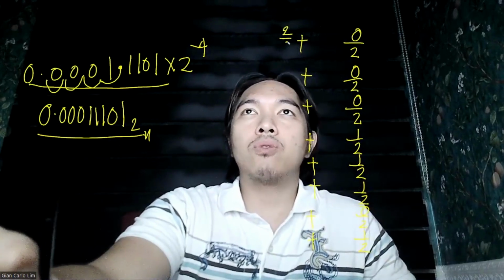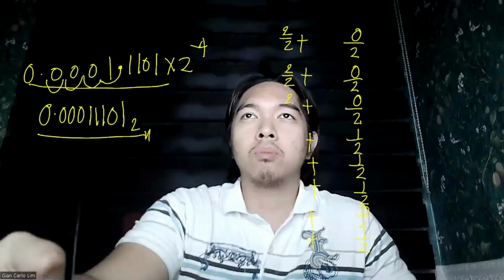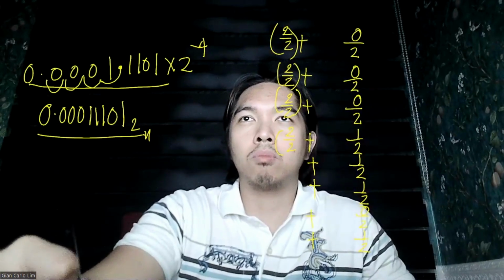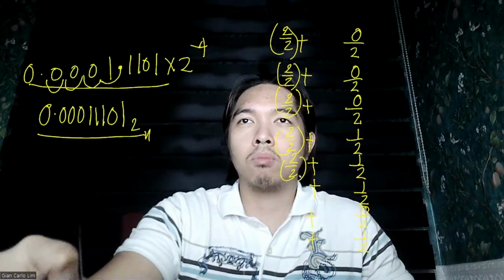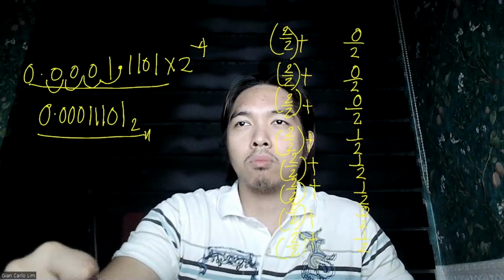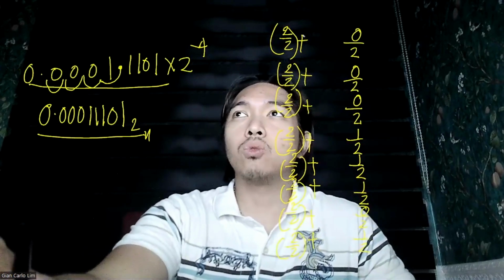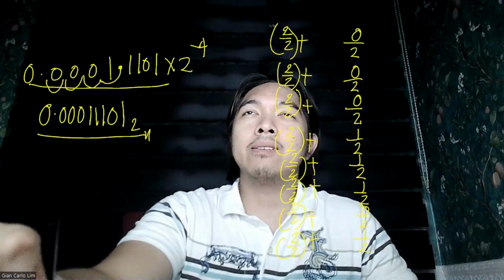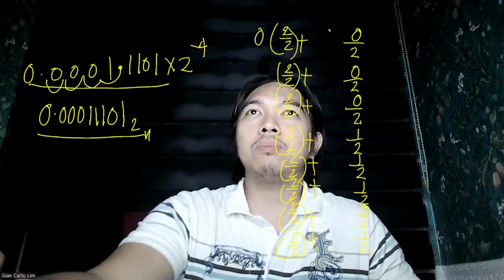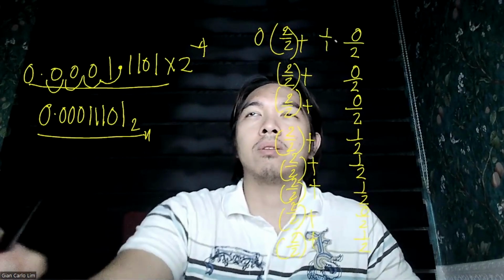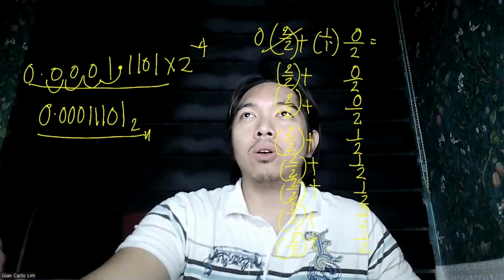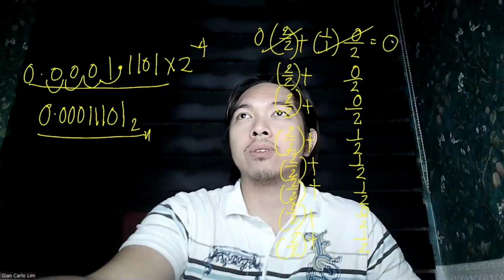And then, this is 2 over 2. Then, on the topmost bit, 0. And this would be 1 over 1. So since 0 ito, therefore the answer here is 0.